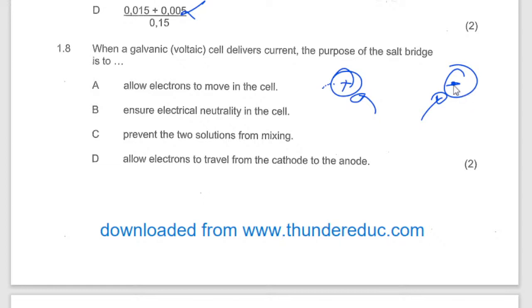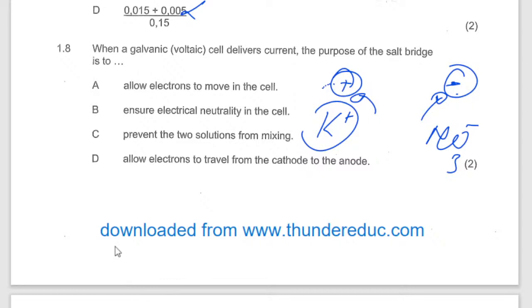So the negativity is going to keep on decreasing, and the positivity is also going to keep on decreasing. So what is the function of the salt bridge? It is to bring back the ions. For example, the potassium ions, which are positive, will go to the positive charge, and then nitrate will go to the negative charge, so that it keeps this continuous.